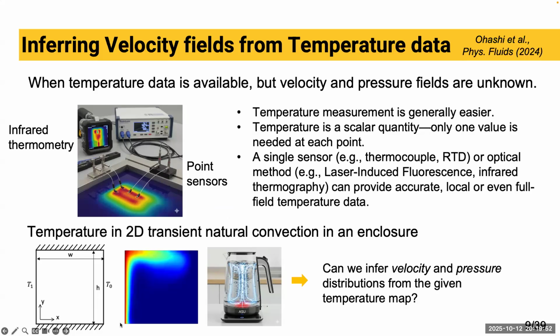And the top and bottom walls are insulated. And because of the temperature difference within the fluid domain, it will incur the density difference, and it will induce the buoyancy-driven flow motion. And this is really well observed also in your boiling pot or cooking pot.